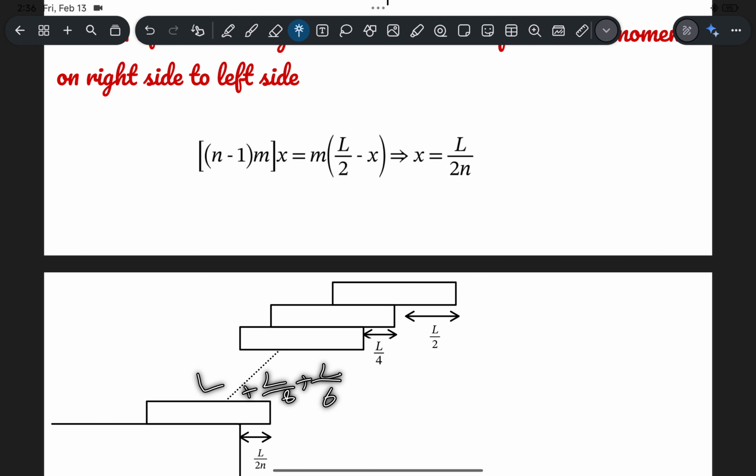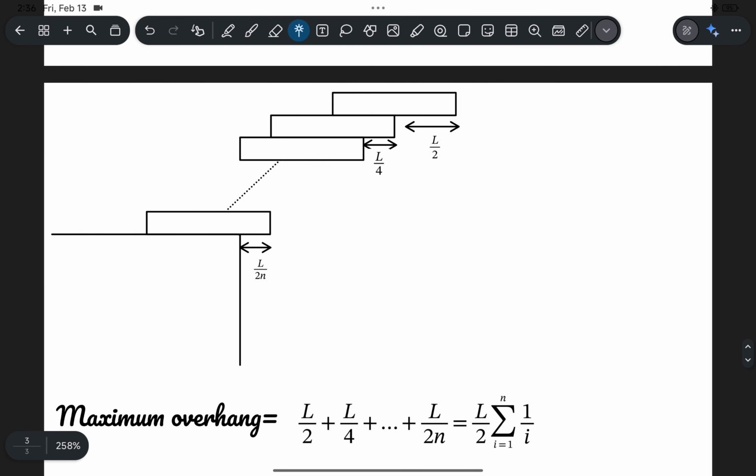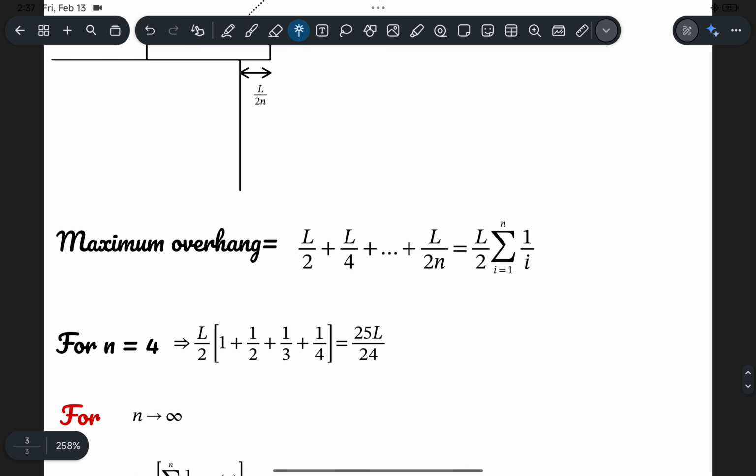Now, if you have 4, I can just add L by 2 plus L by 4 plus L by 6 plus L by 8. If I do that addition, you get 25 L by 24. So, that is the maximum horizontal distance we can keep of the rightmost point of the top block.